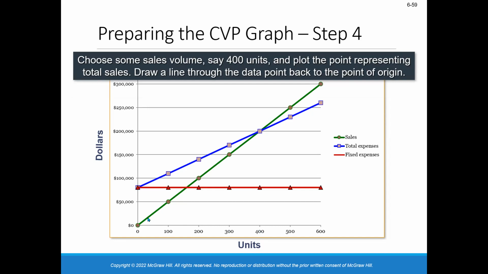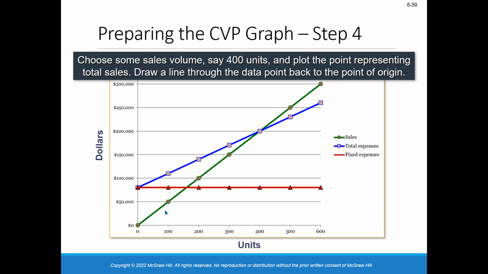The sales revenue line is steeper than the total expense line, so the revenue has the opportunity to go higher than the expense in the future. The angle of the sales revenue represents the sales price per unit, which is $500.